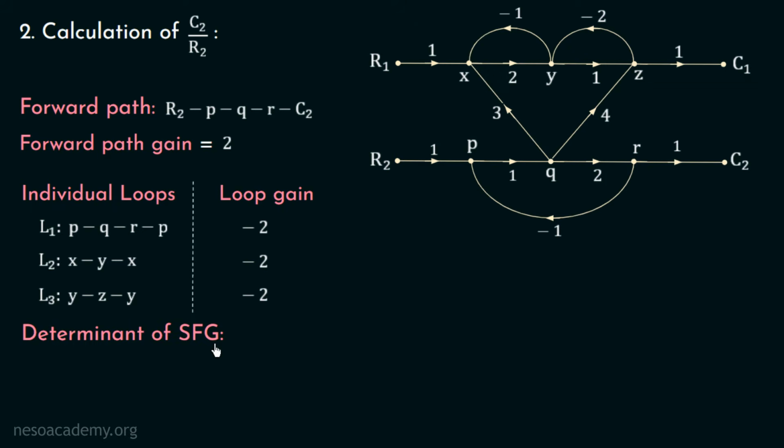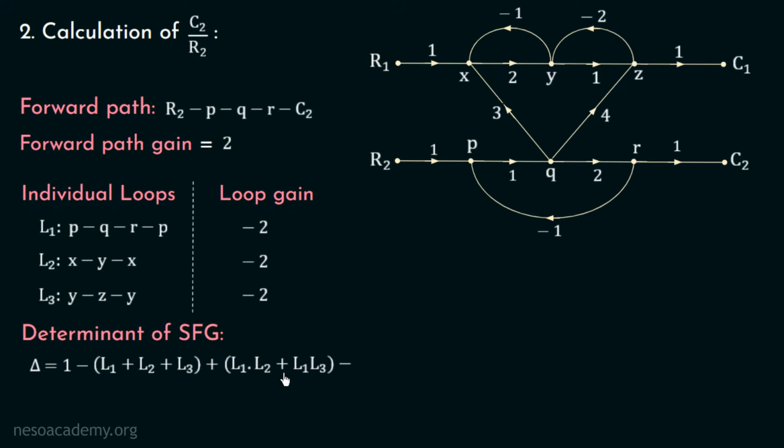For this signal flow graph, the determinant of SFG delta will be equal to 1 minus sum of all individual loops L1, L2, L3 plus sum of products of gains of all possible combinations of two non-touching loops. In this signal flow graph, we have two pairs of non-touching loops, which are L1 and L2 and L1 and L3.